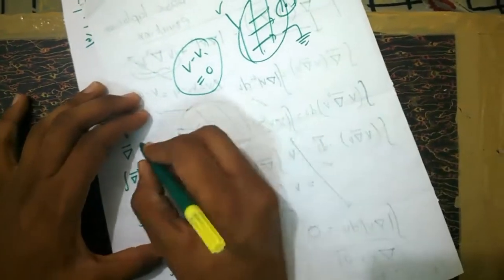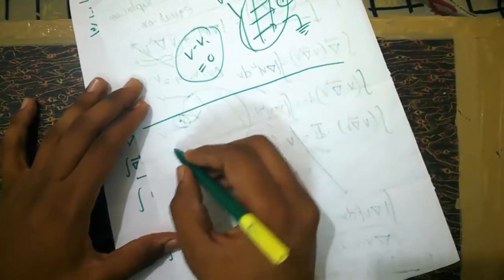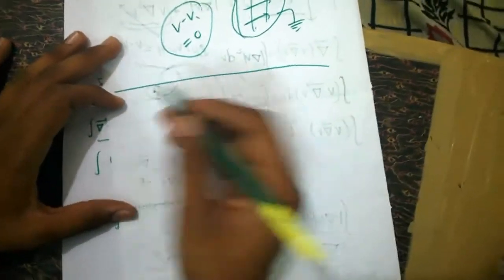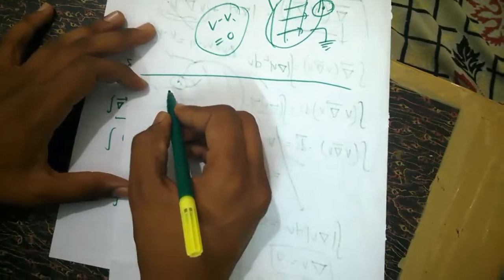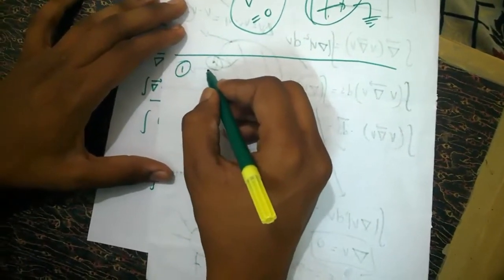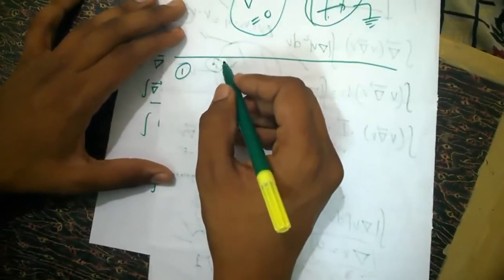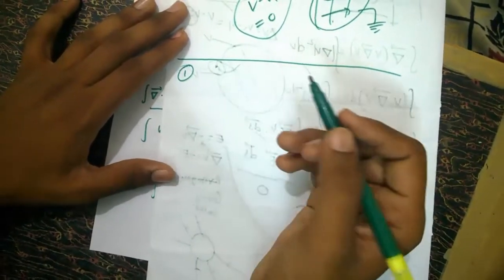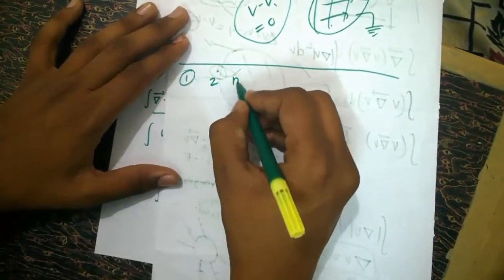What we are going to see practically is, you too can do this experiment at home. Now I am doing it by taking a tiffin box, that is a metallic tiffin box, which is an equipotential surface. Now I am taking two mobile phones.